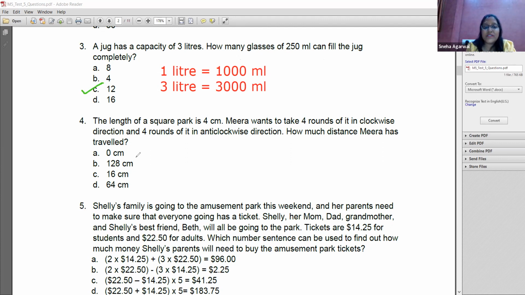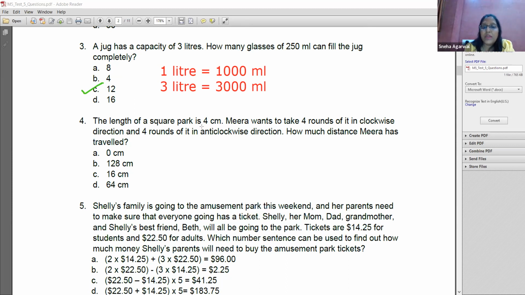The length of a square park is 4 centimeter. Mira wants to take 4 rounds of it in the clockwise direction and 4 rounds of it in the anti-clockwise direction. How much distance has Mira traveled? Okay, so this is a square park, so definitely you will have all the sides of the same length, which is 4 centimeter.